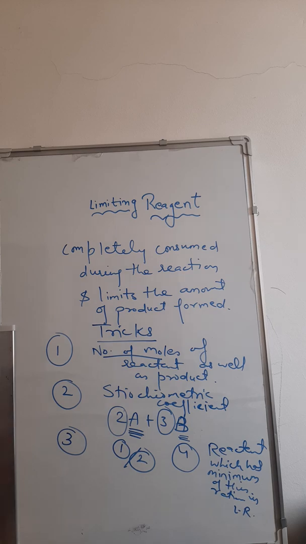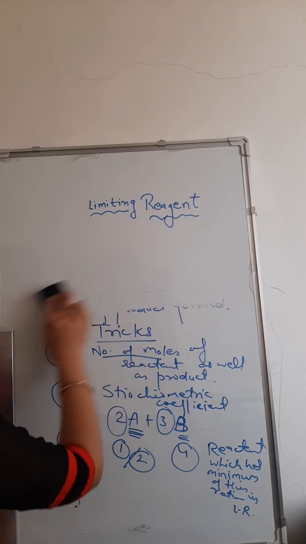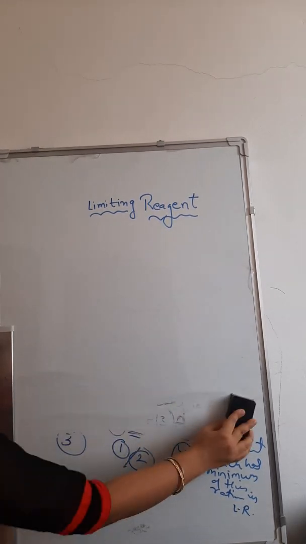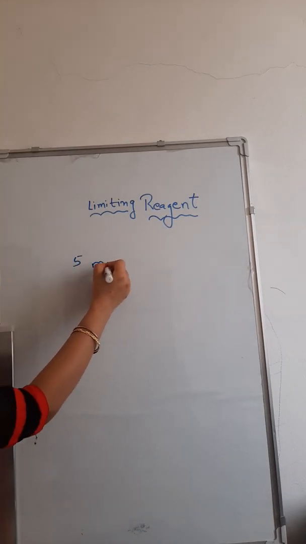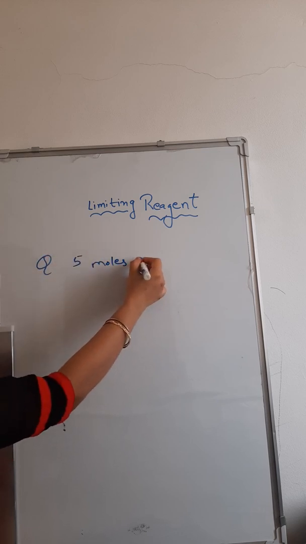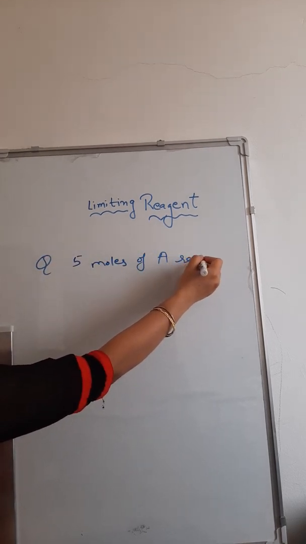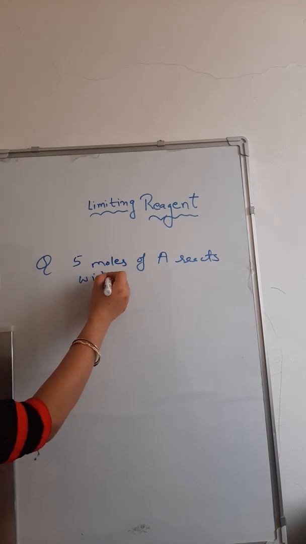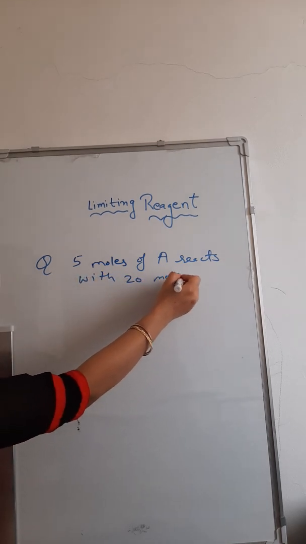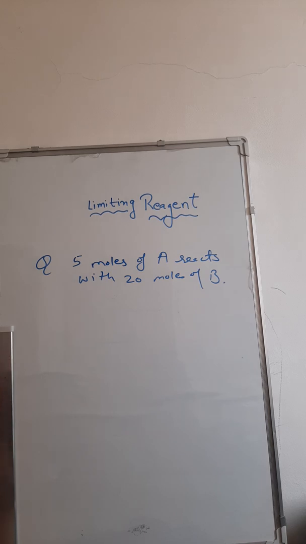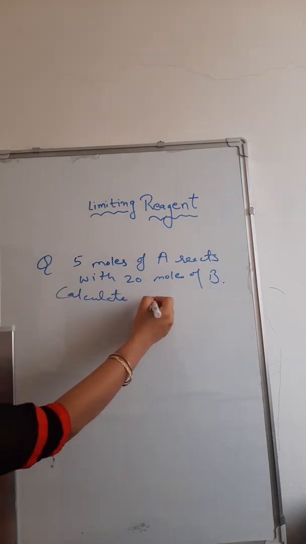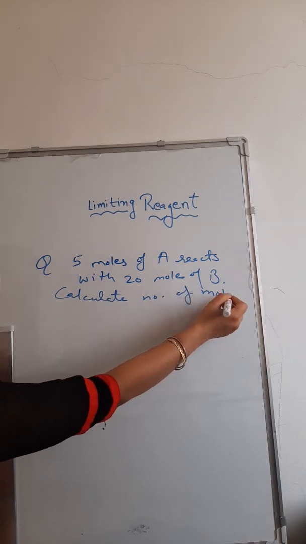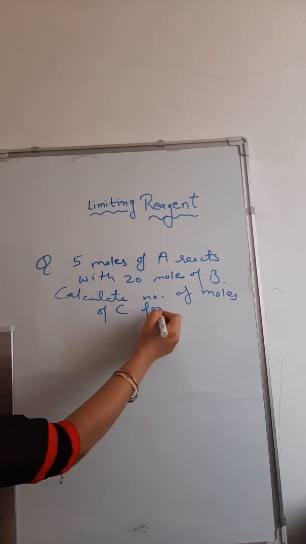Now we'll solve one question on the basis of these tricks. What is the first question related to limiting reagent? 5 moles of A reacts with 20 moles of B. Calculate the number of moles of C formed.